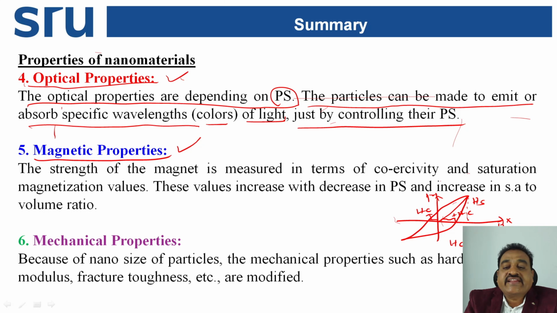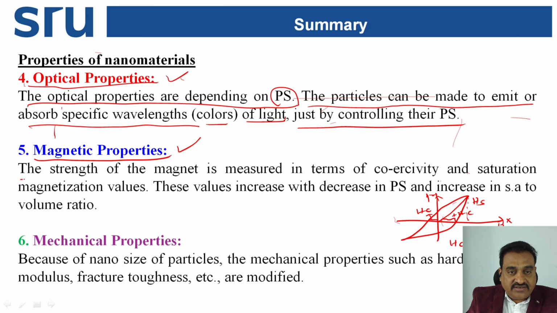These values increase with a decrease in the grain size and an increase in the surface area per unit volume of the grains. Small particles are more magnetic than the bulk material. Nanoparticles of non-magnetic solids are found to be magnetic.